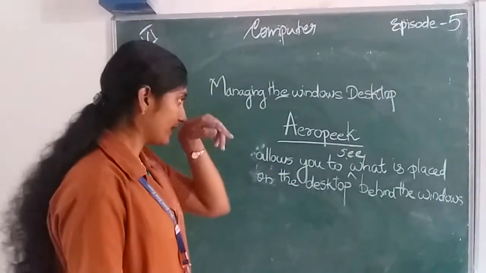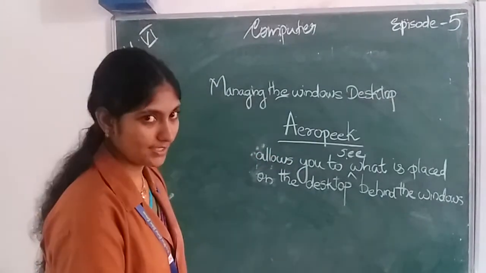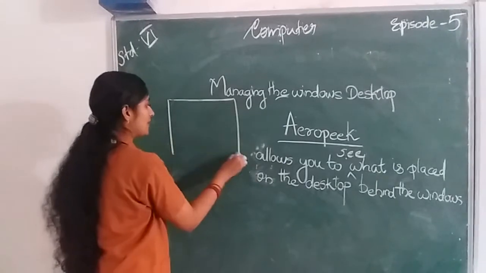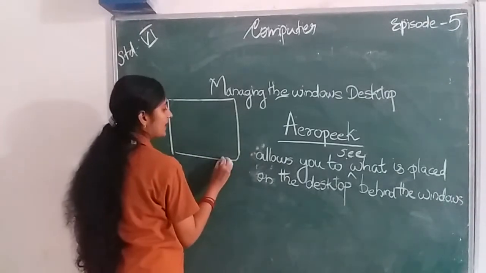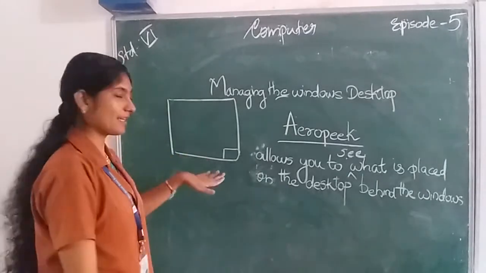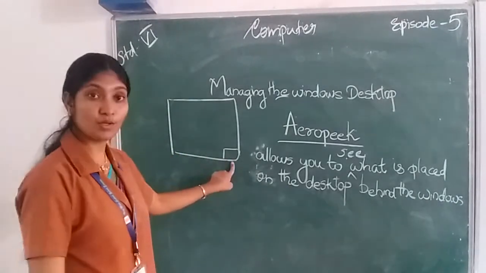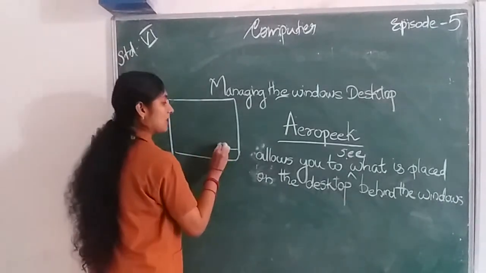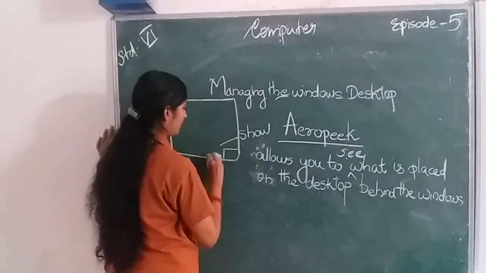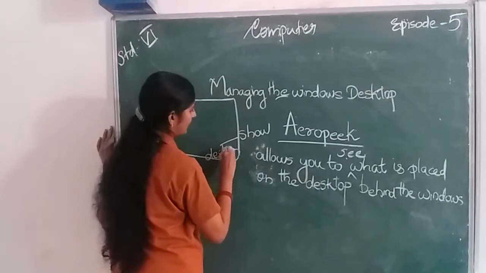So just imagine this is the Windows 7 desktop. There is an icon present at the right side of the desktop. That icon is the Show Desktop icon.